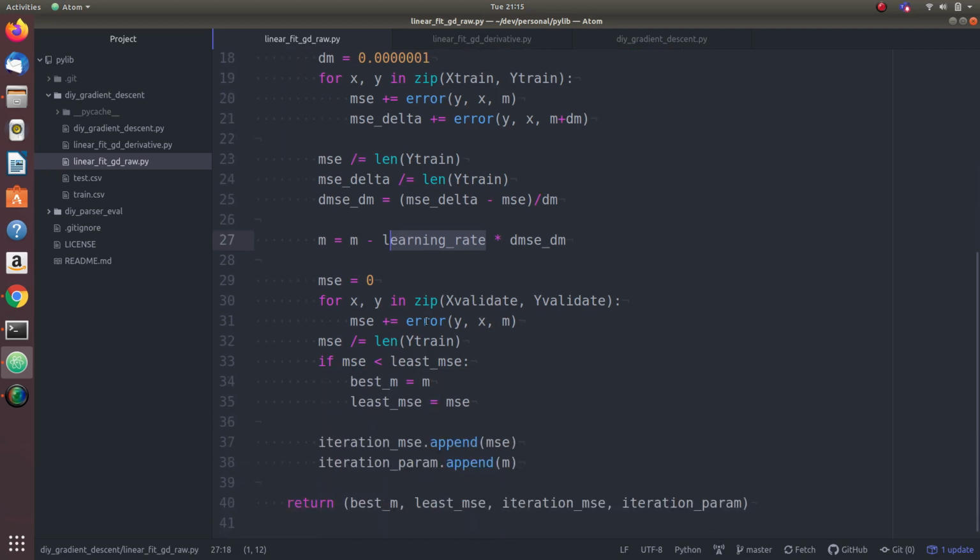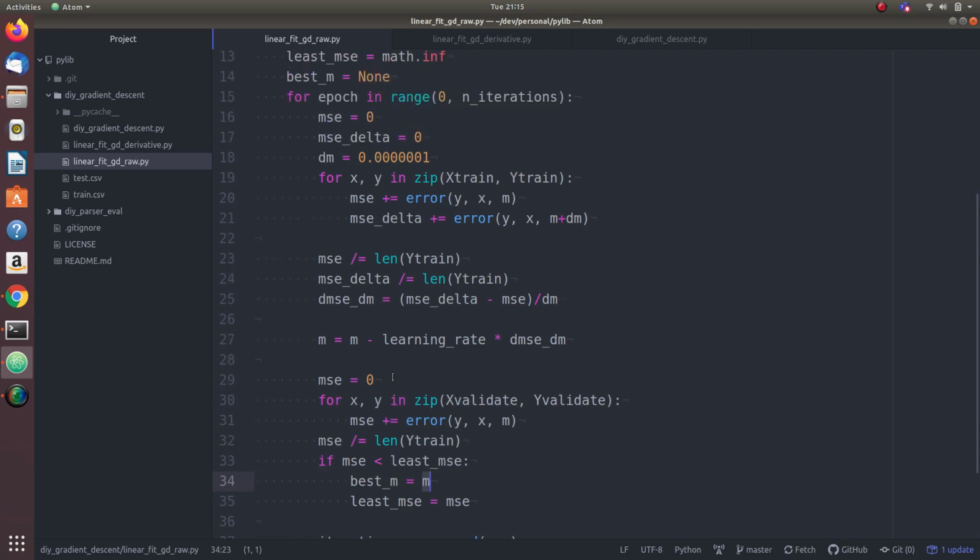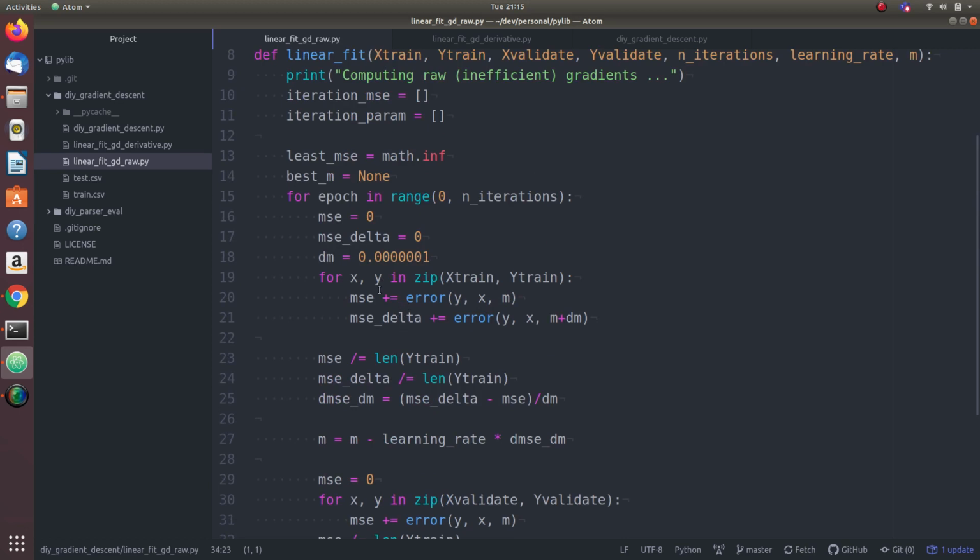And then we look at the error in the validate set, and we track the value of m which gives us the lowest error when looked at against the validate set. So this is a very raw implementation. This is not how it's usually done, but this shows the basic concept.